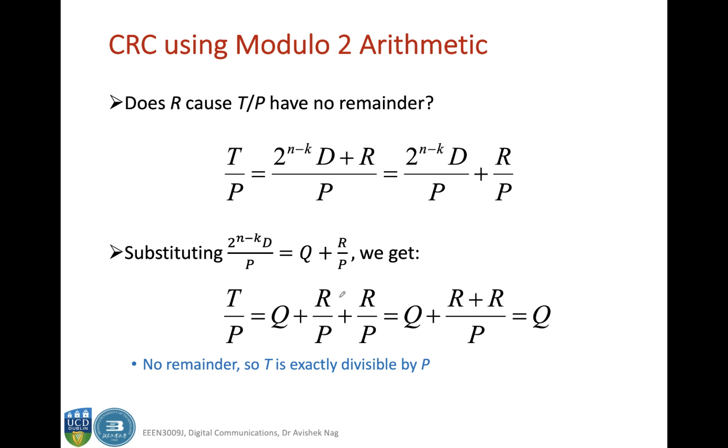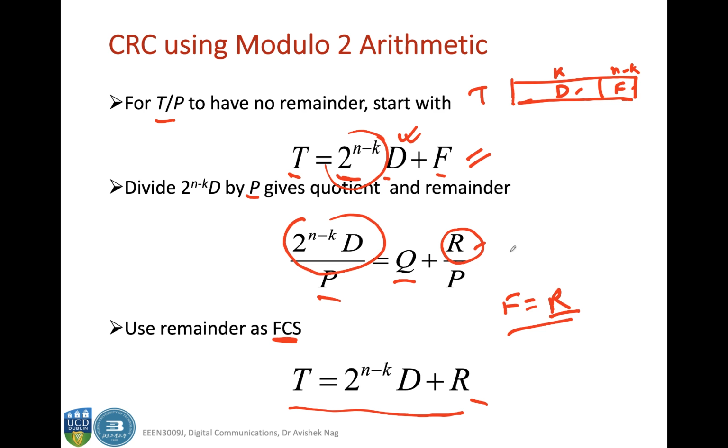If we do that, then what happens? If you divide T by P, you will have 2 to the power n minus k times D by P, and R by P. Now 2 to the power n minus k times D by P is basically this quotient plus this remainder, according to this expression.